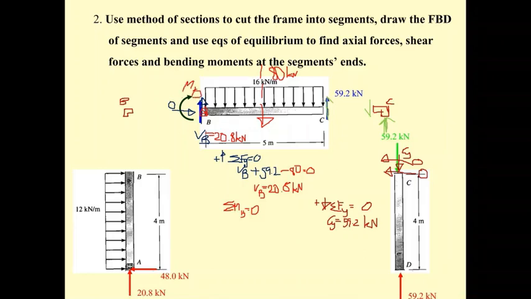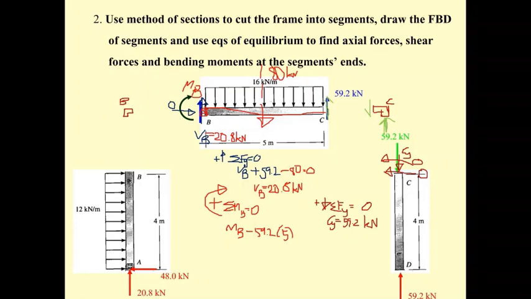So we have summation of moment about B. The counterclockwise is going to be plus, and then we have M sub B equal to 59.2 times this length. This is going to be 5, so it's going to be M sub B. And then 59.2 is in the opposite direction, minus 59.2 times the length of 5.